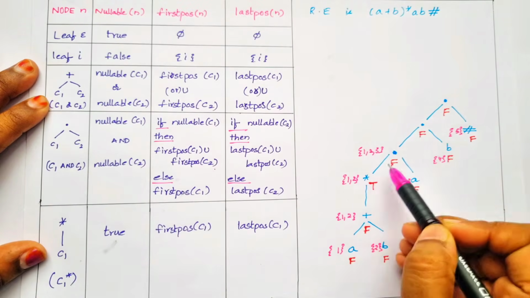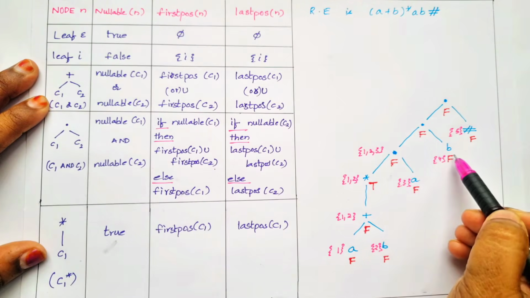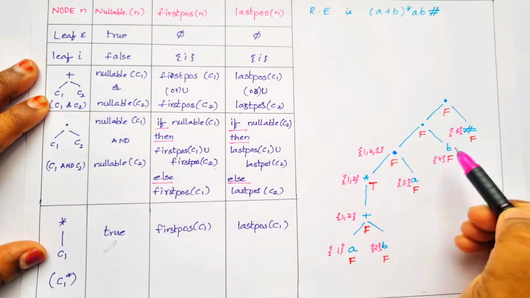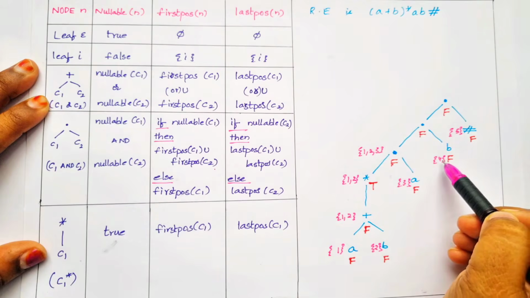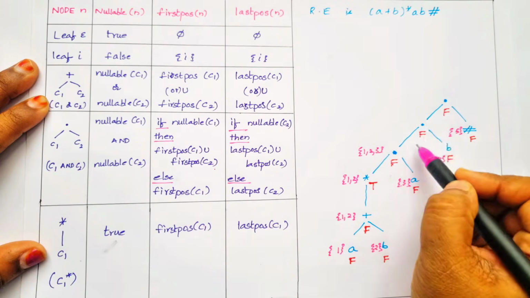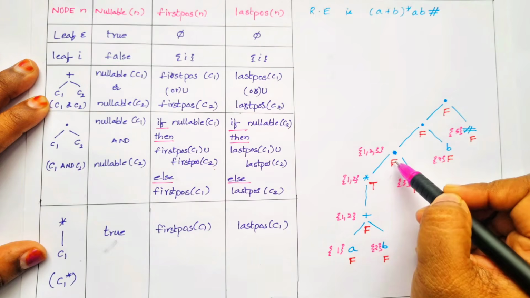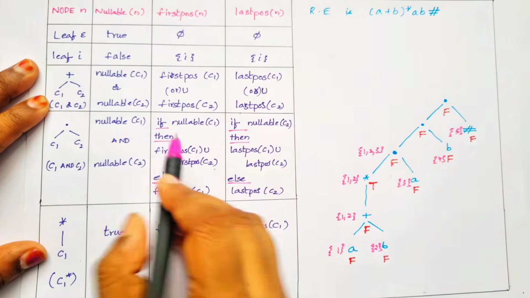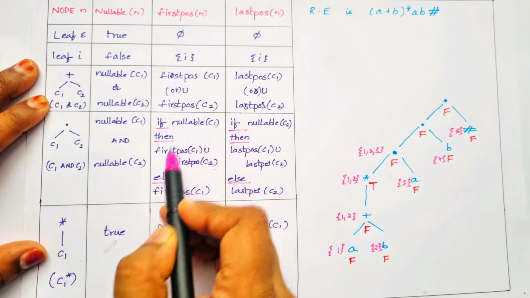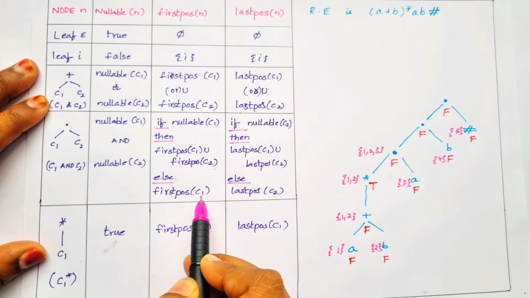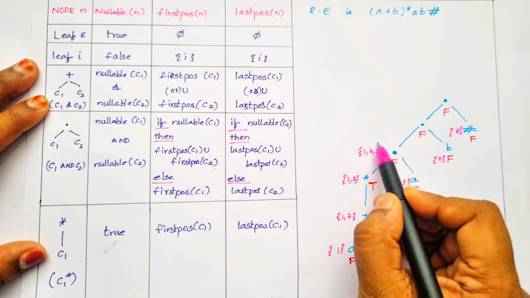Next, come to here. For this dot, C1 is this, C2 is this. What is first position of C1? 1, 2, 3. First position of C2? 4. First of all, what is nullable of C1? False. If nullable of C1 is false, you have to go for the else part, that is first position of C1. What is first position of C1?